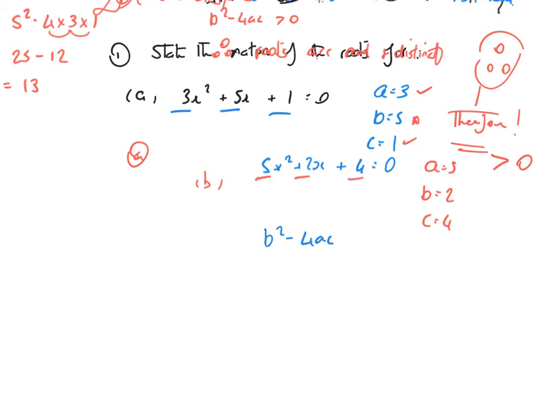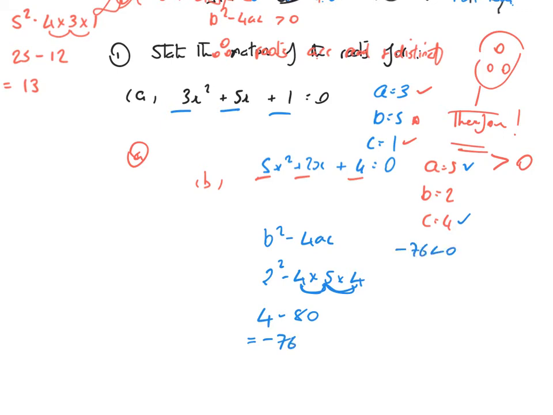So b squared, well, it's going to be 2 squared minus 4 times a, which is 5, times c, which is 4. Okay, 2 squared is 4, and then it's minus 4 times 5 times 4. 4 times 5 is 20, and 20 times 4 is 80. 4 minus 80 is minus 76.